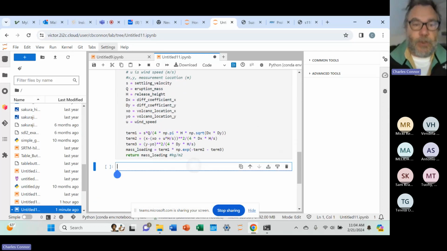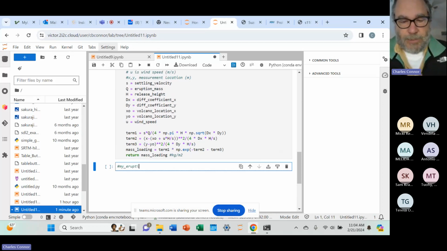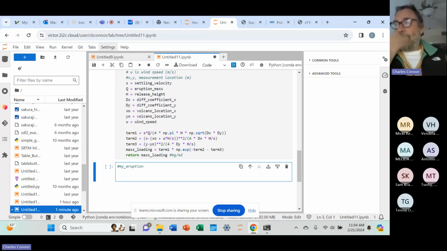Okay, so I'm going to go onto a new cell, and I'm going to test this code by creating an eruption. So my eruption, and now I'm going to define all these variable values. I'm going to input parameter values for this expression to actually call that function.